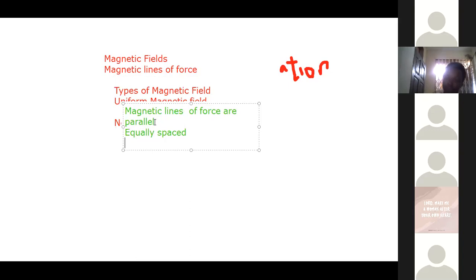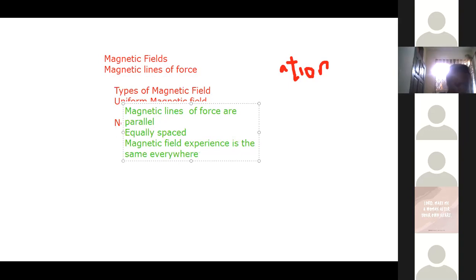So anywhere there's a charge or a particle, it experiences an equal amount of magnetic field. The magnetic field experienced is the same everywhere. That's why it is uniform.